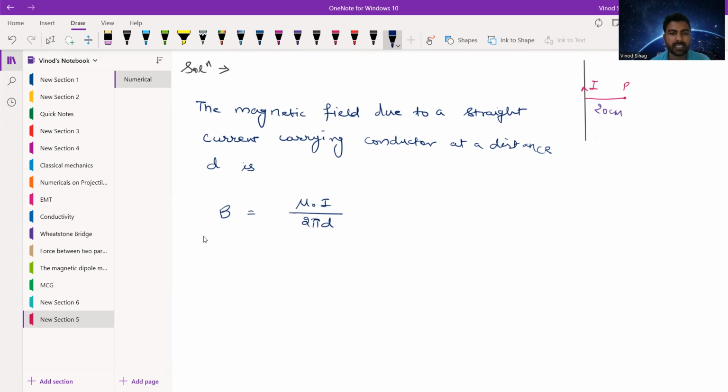This is the expression for magnetic field due to a straight conductor in which the current is flowing in some particular direction and we want to find out the magnetic field at a distance d.